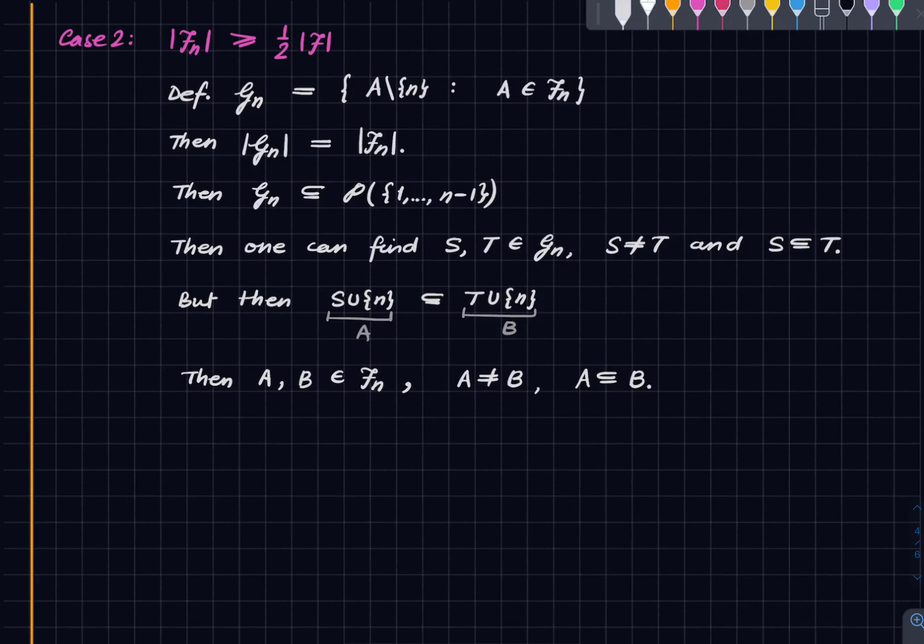So this again gives a contradiction, and so what we see is that in any case we have a contradiction, and hence our assumption that the proposition is false must be false, and we are done. So this finishes the proof.